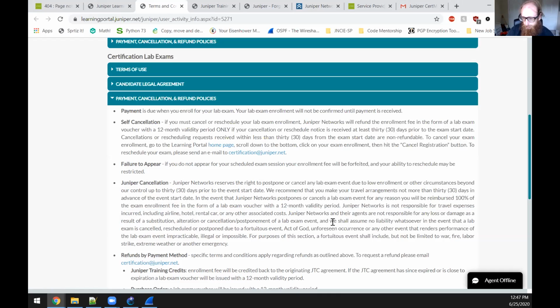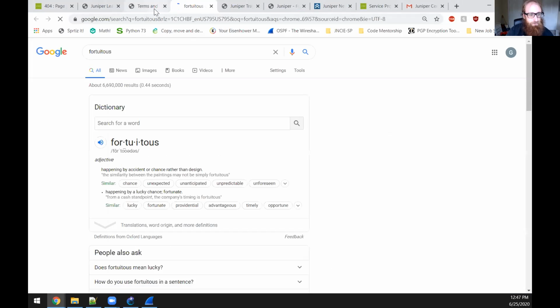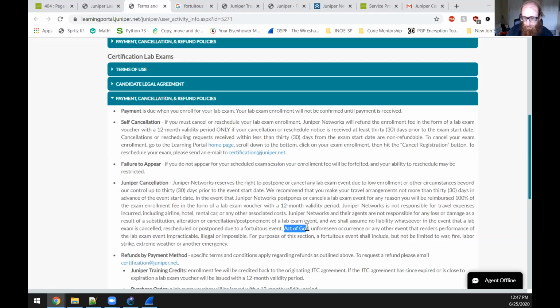We shall assume no liability whatsoever in the event that a lab exam is canceled, rescheduled, or postponed due to a fortuitous event, act of God, which both of these... yeah. So this is COVID-19. This is probably COVID-19.